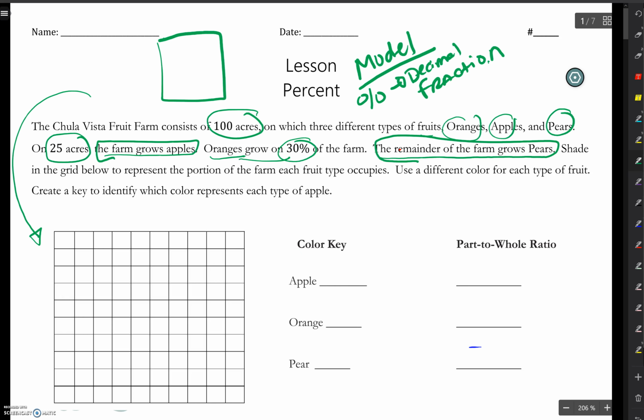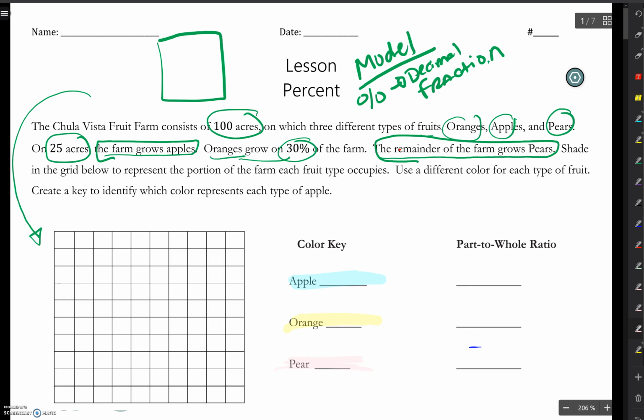Okay, so this is all the information we need to know. It says, shade in the grid below to represent the portion of the farm each fruit type occupies. Use different colors for each type of fruit. So I'm going to use blue for apples, yellow for oranges, and pink for pears. And so this is what I have.